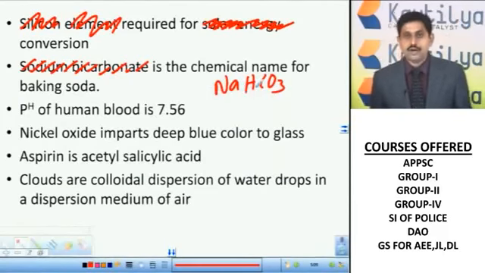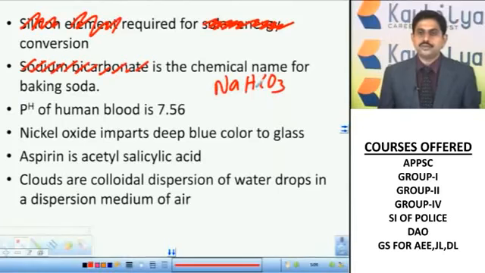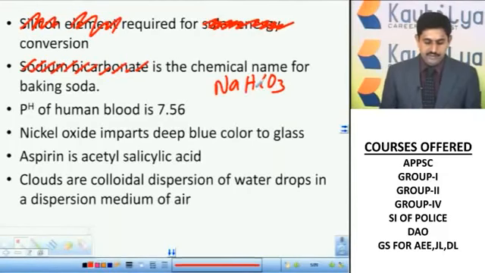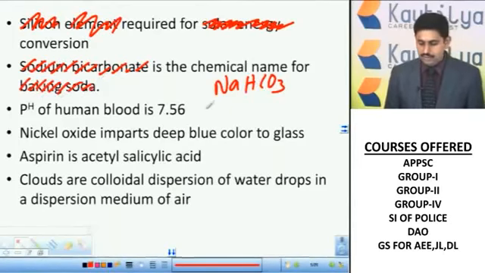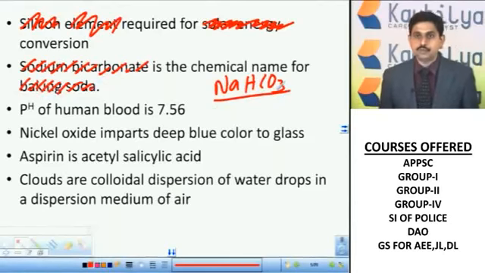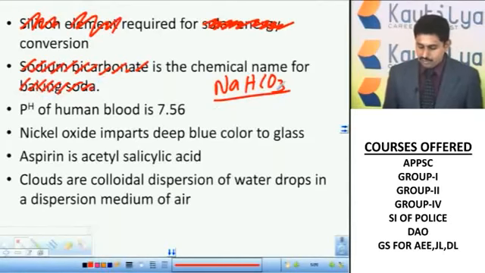Generally, baking soda is used for the smoothness of bread in bakeries, and in our houses generally we use baking soda for the smoothness of idli or dosa in our daily life. So the common name of sodium bicarbonate is baking soda. The formula is NaHCO3, sodium bicarbonate or sodium hydrogen carbonate.